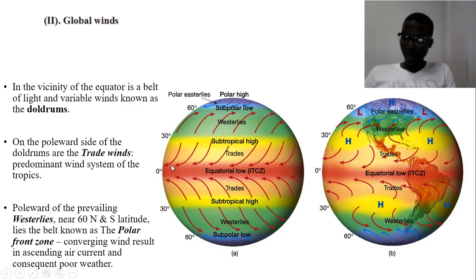In the southern hemisphere, the winds are blowing from 90 degrees south towards 60 degrees south of the equator. They are also blowing from 30 degrees south towards 60 degrees south, and from 30 degrees south towards 0 degrees, which is at the equator.